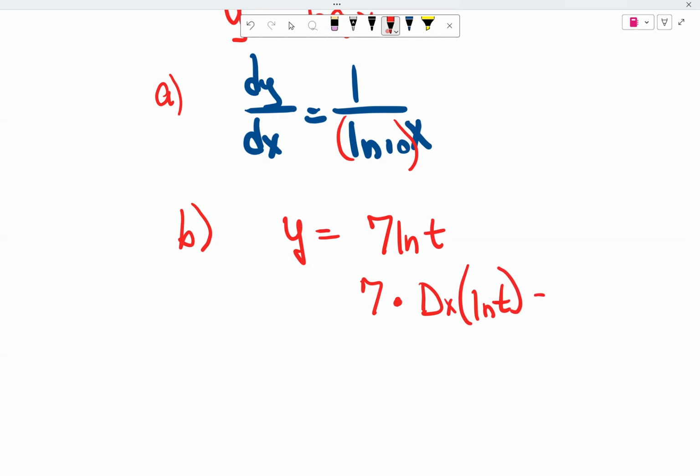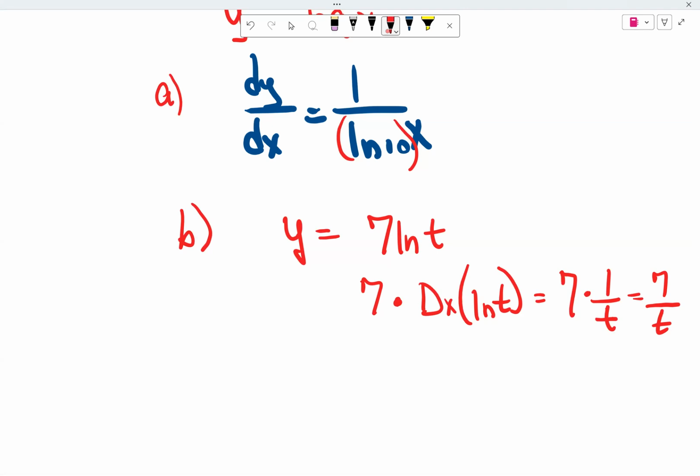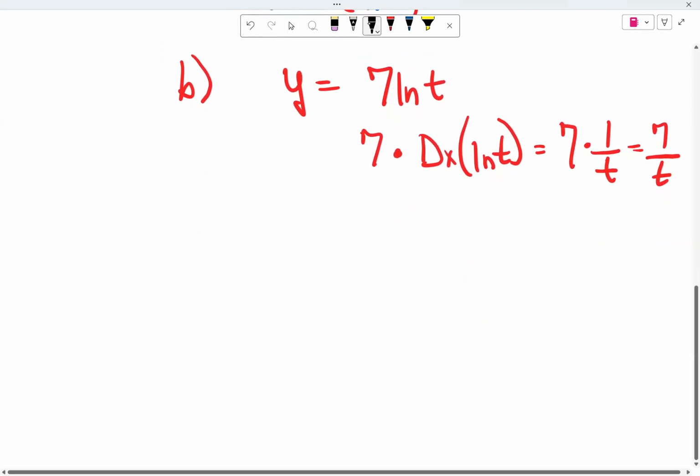And so that becomes the derivative 7 times 1 over t. And my final answer here will be simply 7 over t. So that's fairly easy, yes?